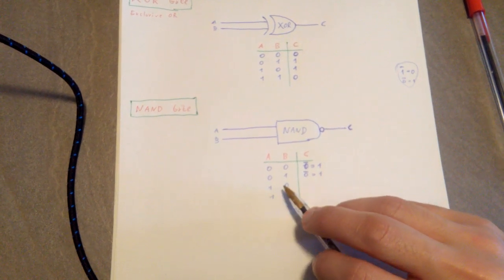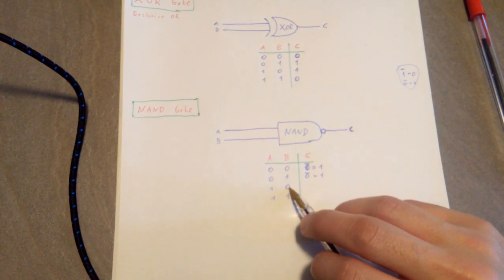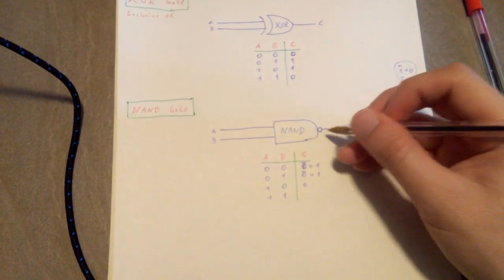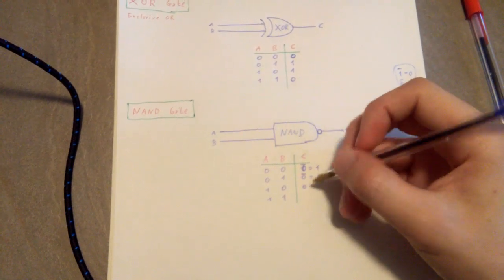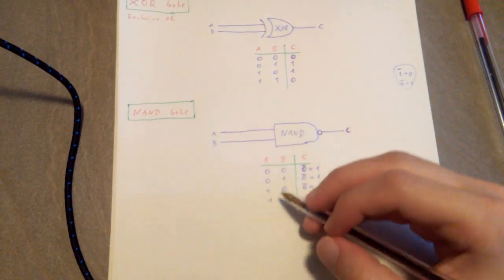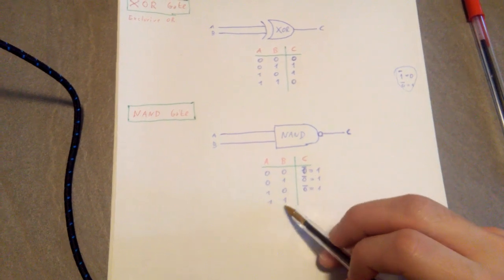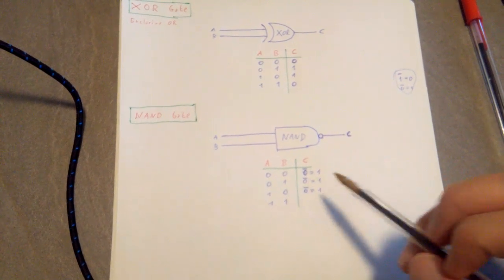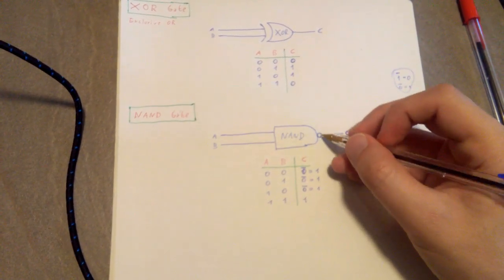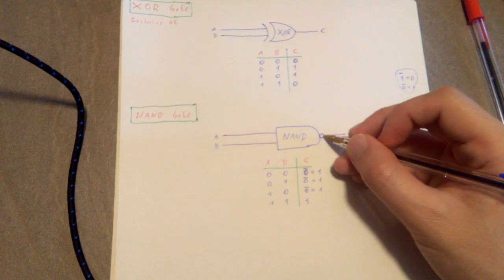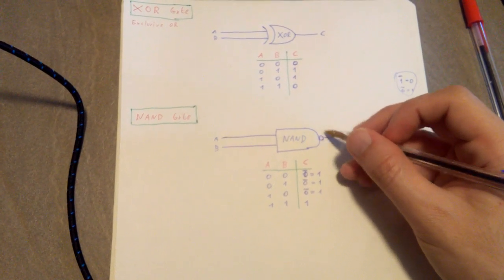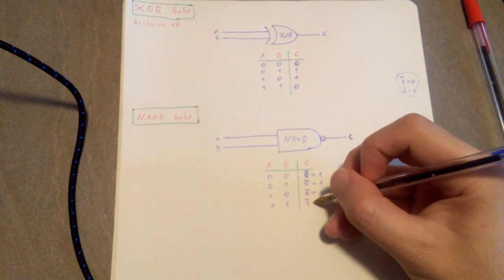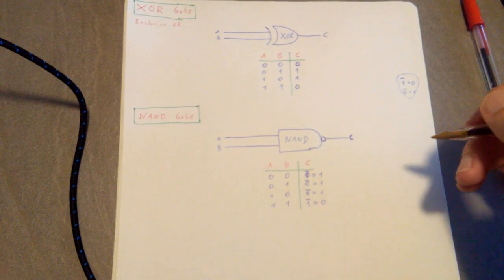Again, A is 1, B is 0, both of them need to be 1 with high voltage, so the output is going to be 0, but we have the inverse, so we're going to invert it, and we're going to get a 1. And lastly, both of them are 1, so both of them are with high voltage, the output will be 1, but we have a NAND gate, so we have this inverse here, so we're going to invert this 1, which becomes a 0.